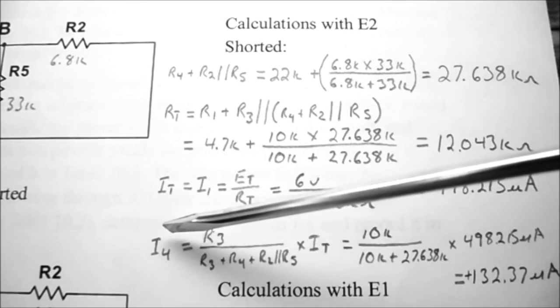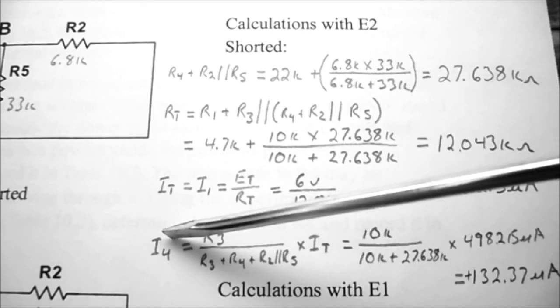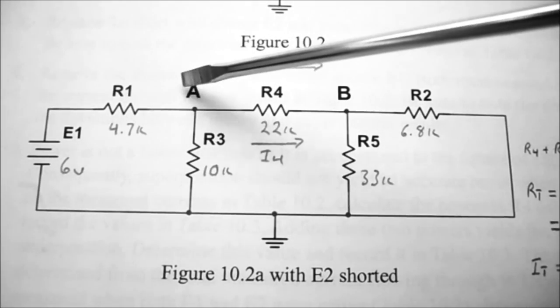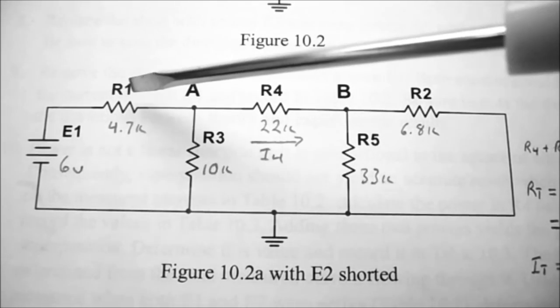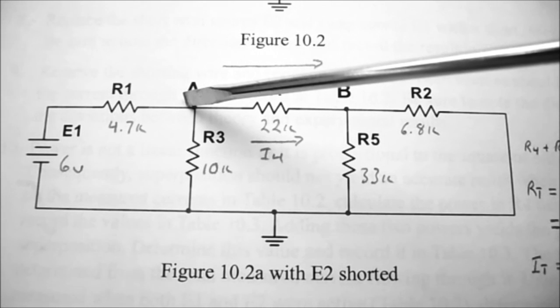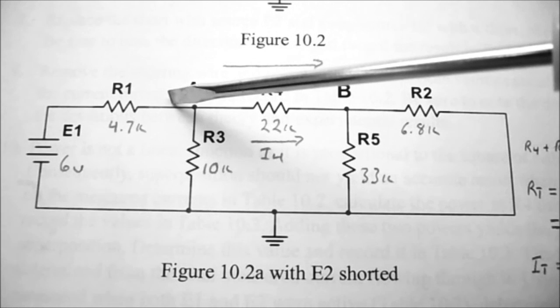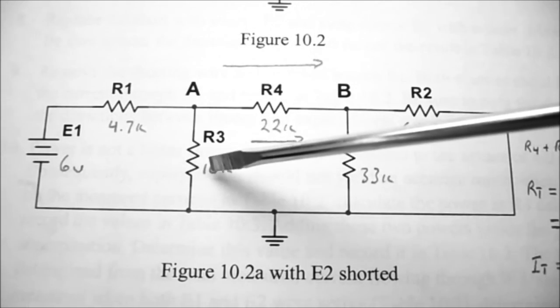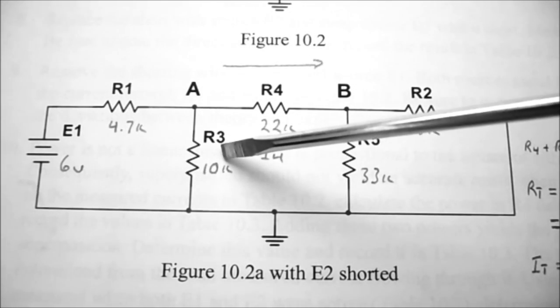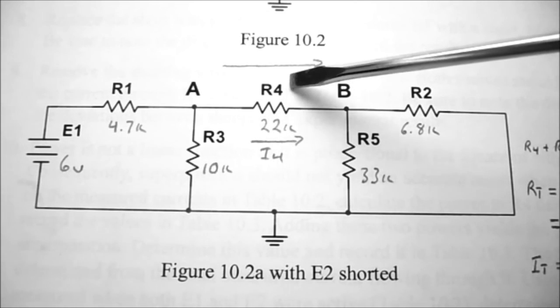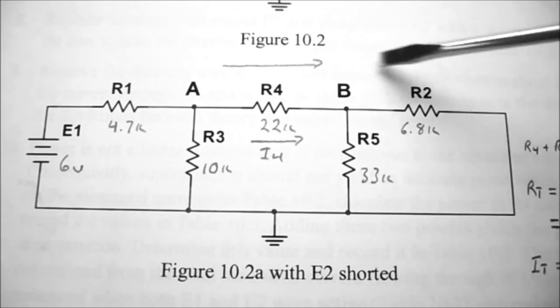The next step is to find the current flowing through I4. So remember, to use the current divider law, what we need is the input current, which is I1 or IT, and we take the resistor we don't want, which is R3 or 10K ohms, divided by the total resistance, which is R3 plus all of this part of the circuit.